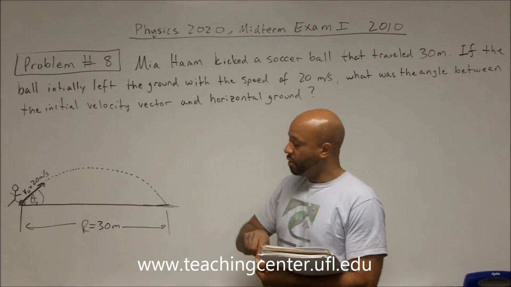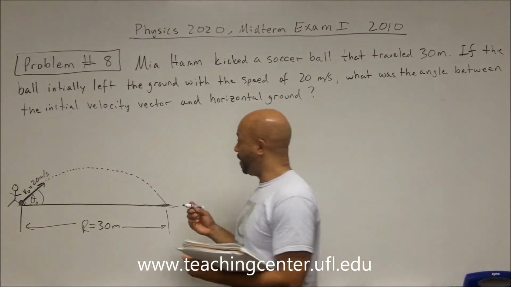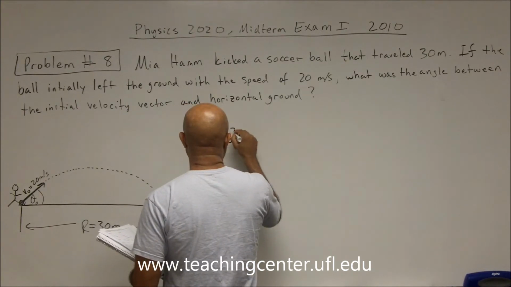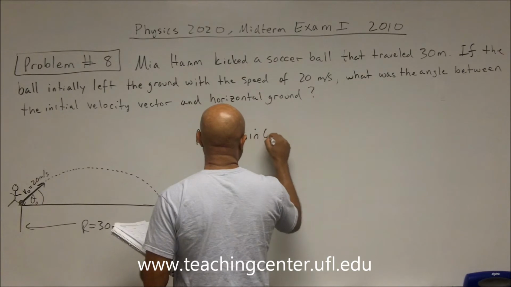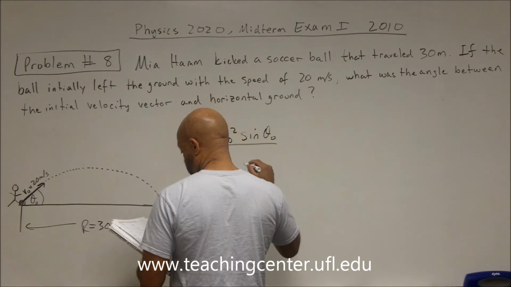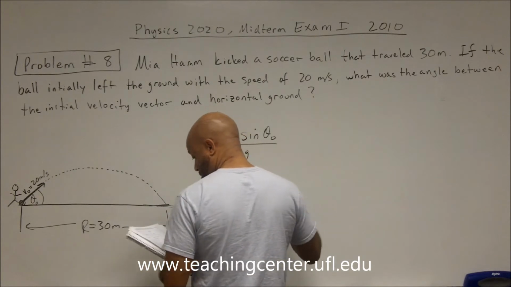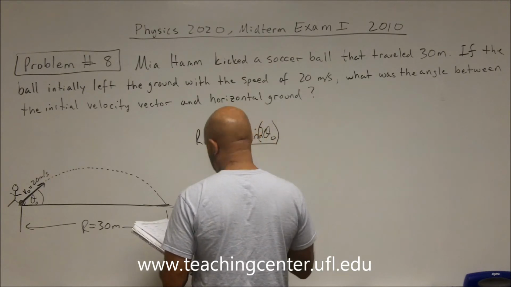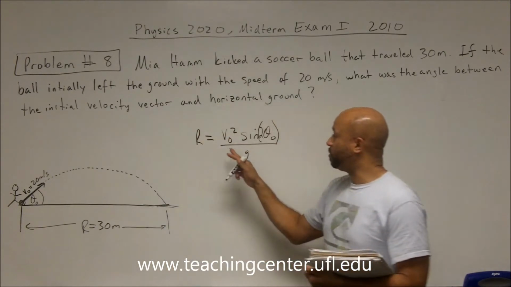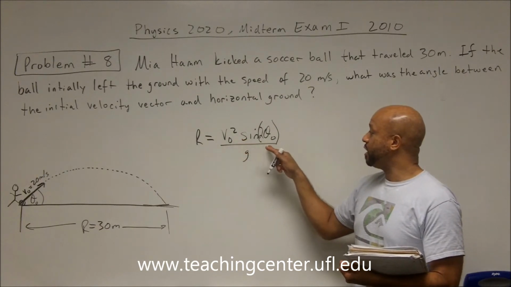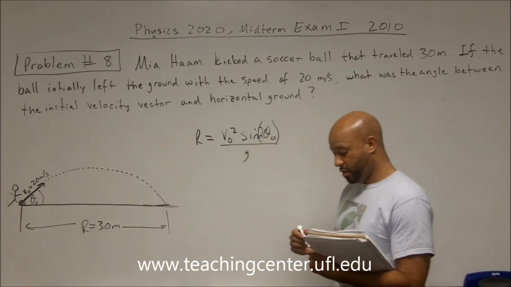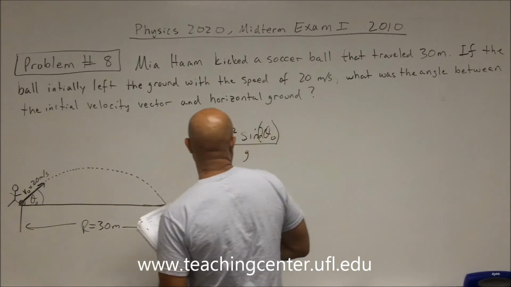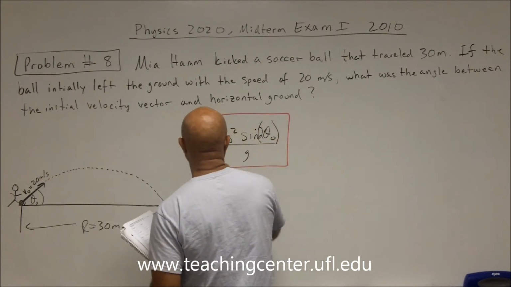And so using this particular formula for the range, we have the range is equal to the initial velocity squared times the sine of 2 theta divided by the acceleration due to gravity. And so this is the formula that we'll be using from the formula sheet.